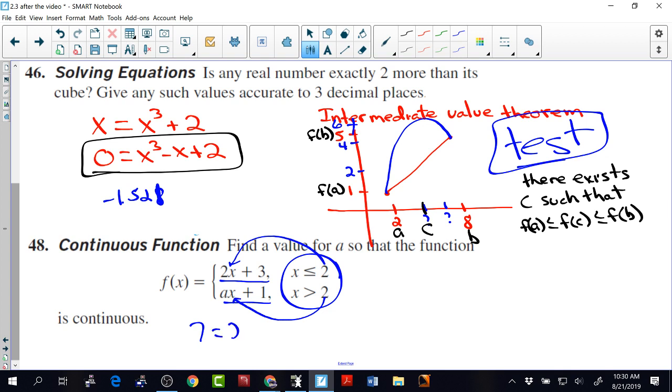That better equal 2a plus 1. So 2a plus 1 better be 7, or else the two lines are not going to meet up at 2. They'll have two different y values. So 2a equals 6, a equals 3. So how can we make this a continuous function? A better be 3, or else it's not continuous.